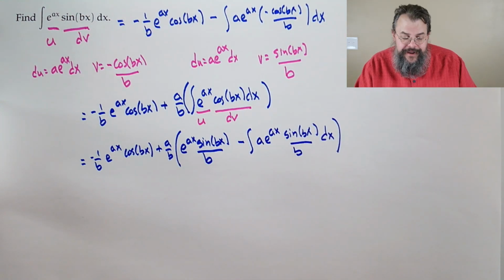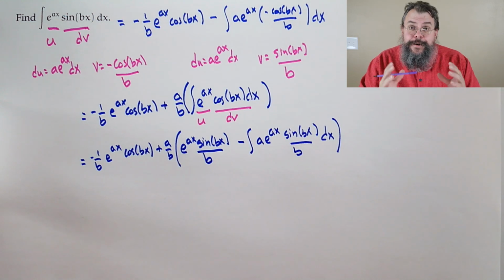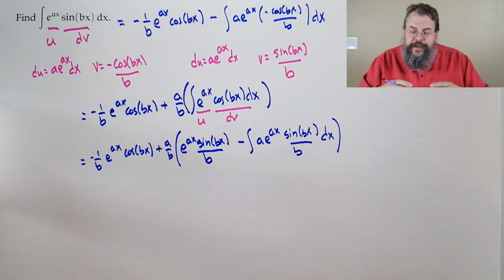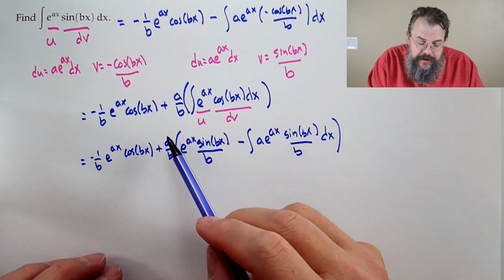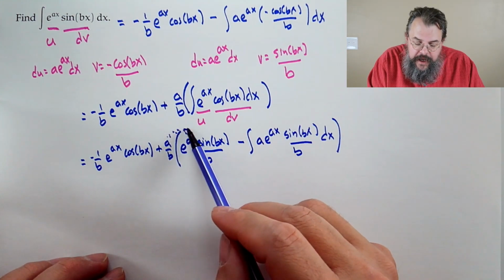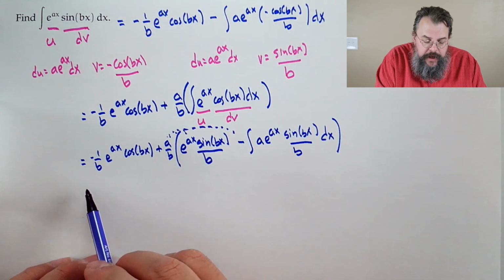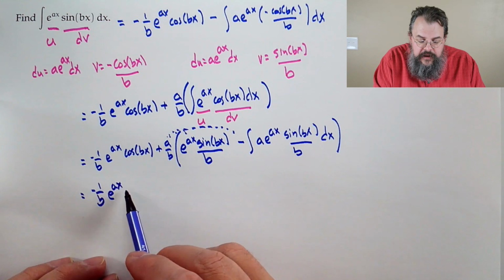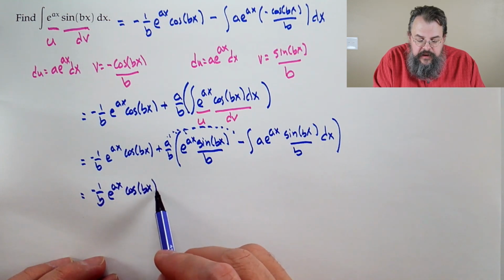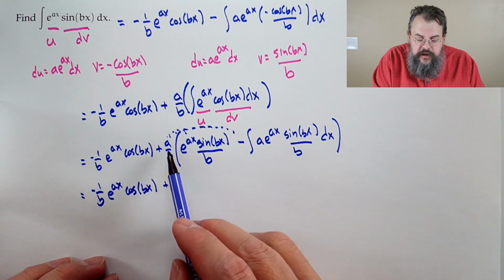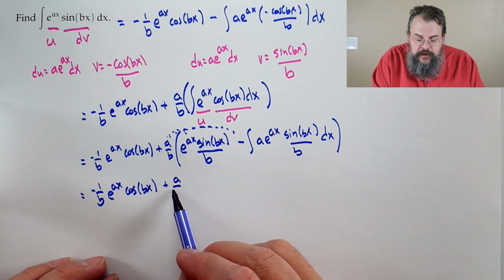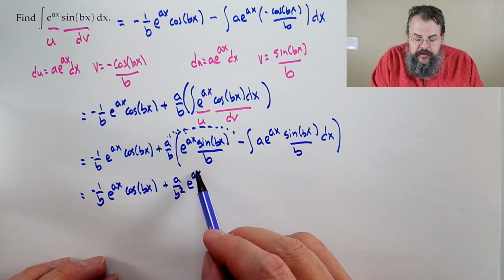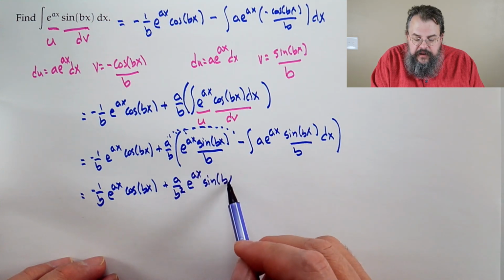All right, well, okay, what does that say? Let's expand. So when I say expand, multiply this a over b through. So we have minus 1 over b, e to the ax, cosine of bx, plus, here we'll have an a over b squared, and then it'll be e to the ax sine of bx.